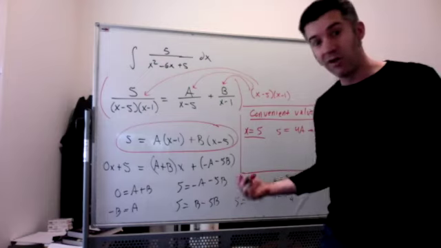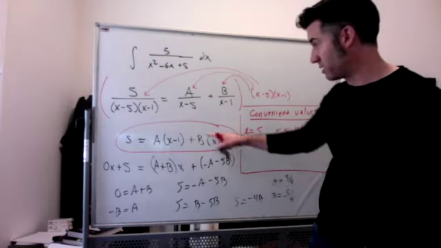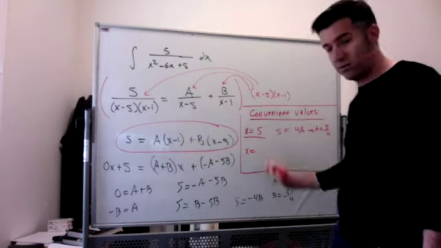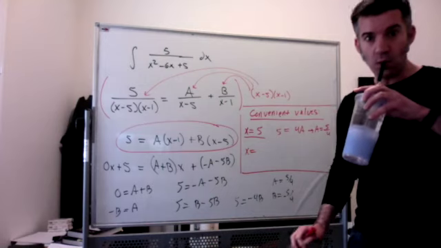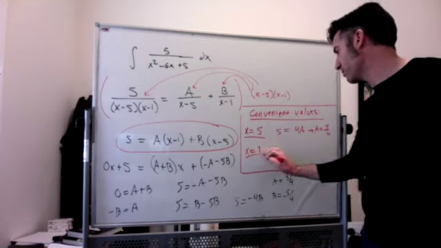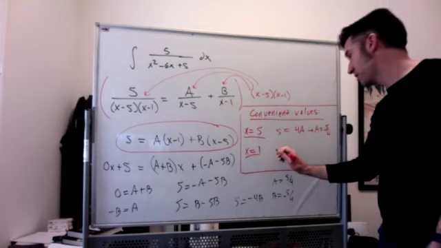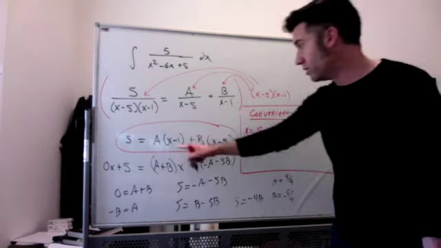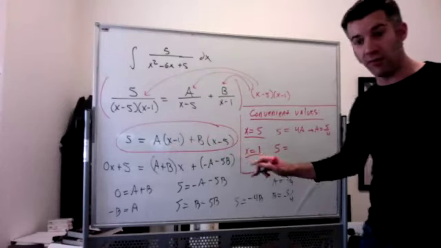And then the other convenient value is the other value of x that makes this part 0, which is going to be what? X equal to 1, exactly. So plug in 1 for x, then you're going to get still 5 on the left equal to 0 plus b times negative 4.